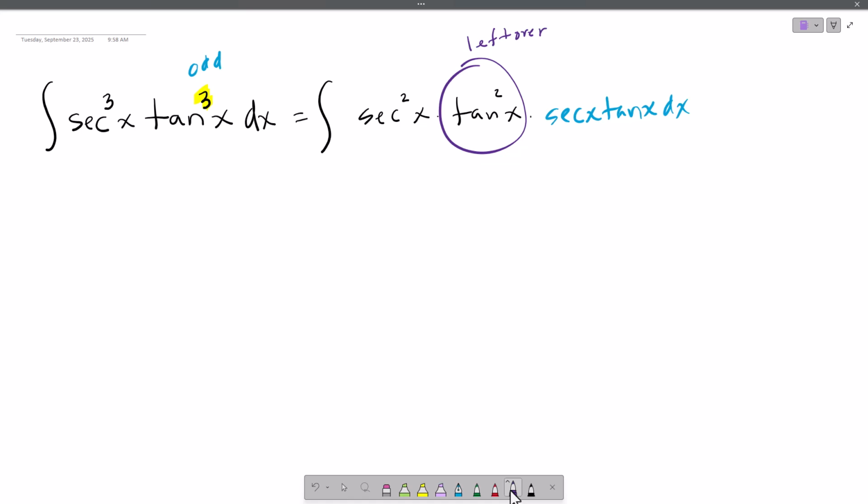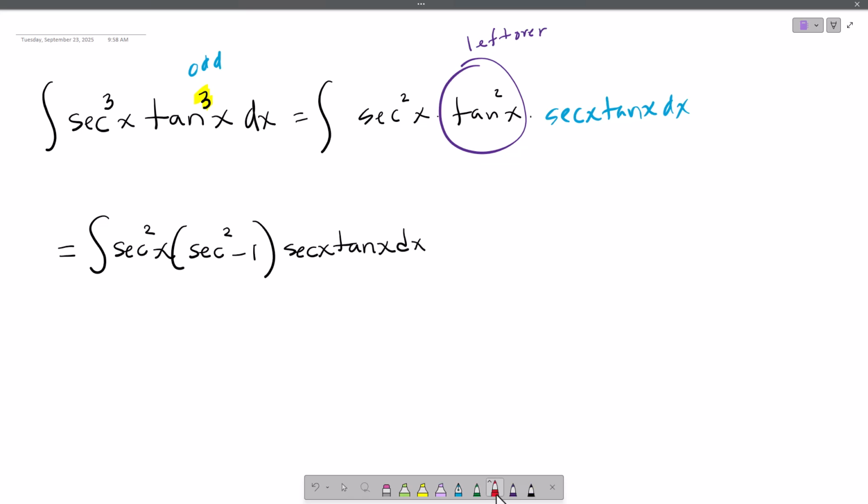These are already secants. We have to turn those into secants. So tan squared, if we think about our triangle, is secant squared minus 1. So we'll have the integral of secant squared, then secant squared minus 1, and then secant tangent.